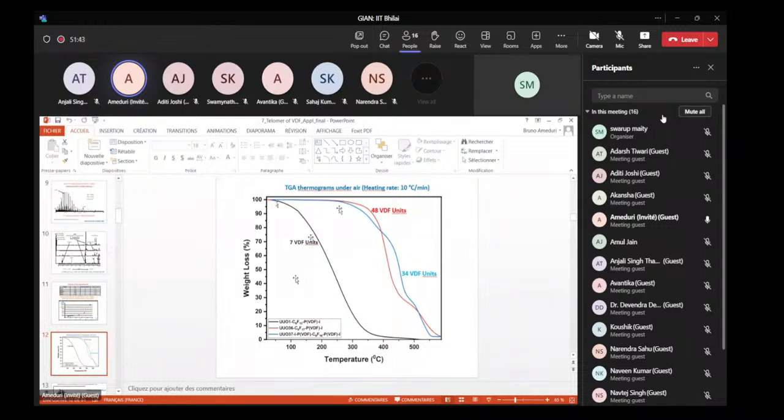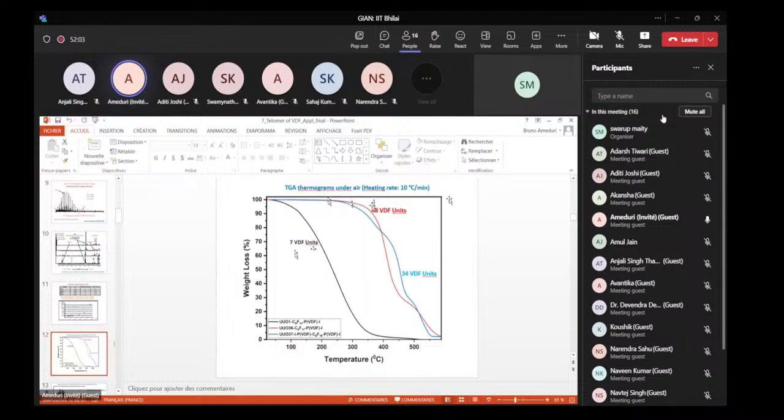In contrast, with 34 units or 48 units, you can see a much higher thermal stability. And of course, if you have about 200,000 or 700,000, you will go up to more than 400 in decomposition.